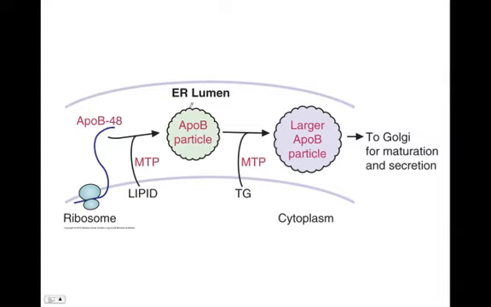From there, it's incorporated into our phospholipid particle, and our enzyme here, MTP, or microsomal triglyceride transfer protein, begins to transfer our lipids and triglycerides to form our nascent chylomicron before it enters the Golgi for maturation and secretion. This transfer protein is essential for the packaging of chylomicrons.